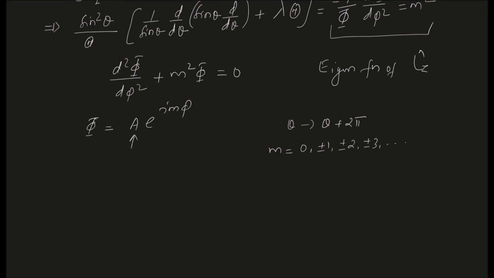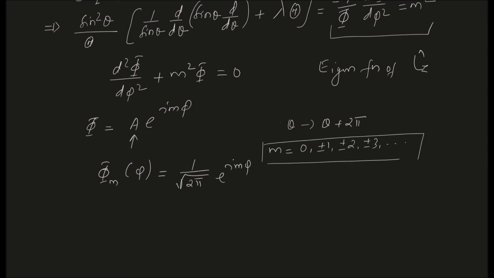So if you do all these things, you will get the eigenfunction for Lz as phi m of phi is equal to 1 by root 2 pi e raised to im phi, with the values of m given by these kind of things. So this is the eigenfunction of the Lz operator, and we label it with this subscript m because it depends on the values of m.